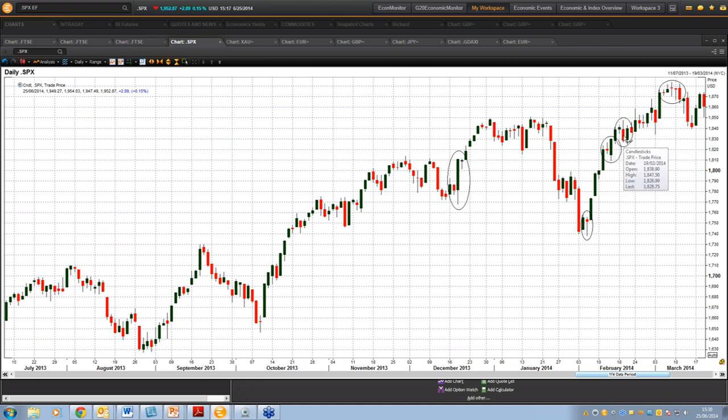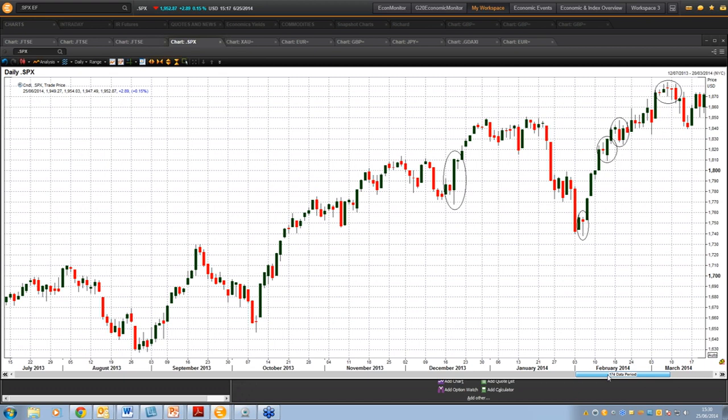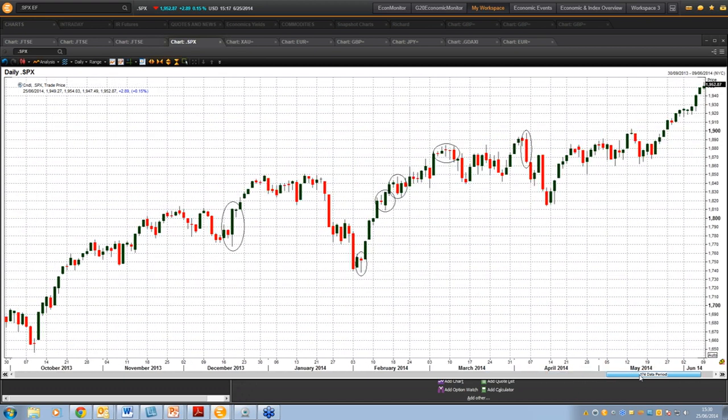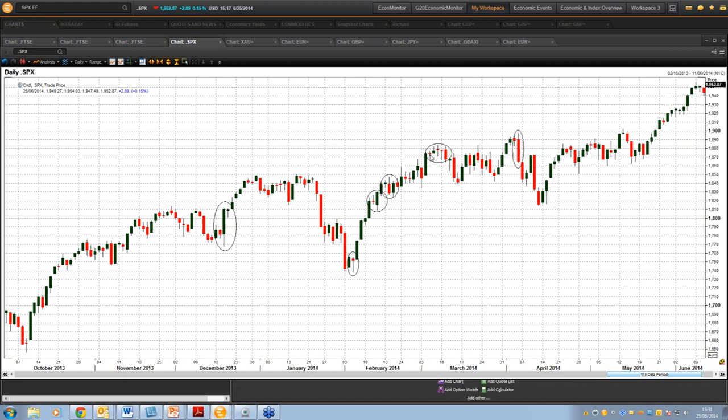Here's a bullish key window reversal that didn't work. I thought I'd show you that just for balance. But then throughout March, you saw a series of pretty weak candles, and then you saw your hanging man, which is there, and subsequently followed by an outside day.